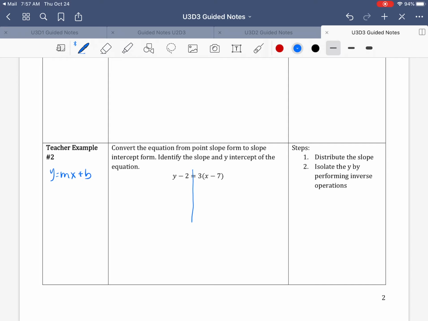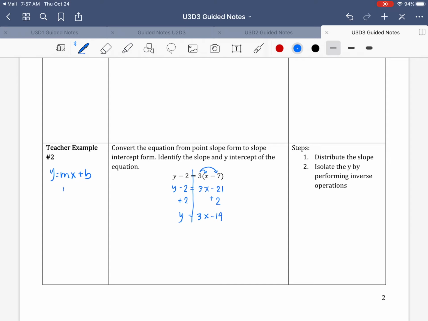So the first thing that we're going to do is to distribute our 3 so that we have 3x and then minus 21. And then y minus 2 comes right down. Now, in order to completely isolate y, we just need to do the inverse of that minus 2. So we're going to add 2 to both sides. We get y equals 3x minus 19.